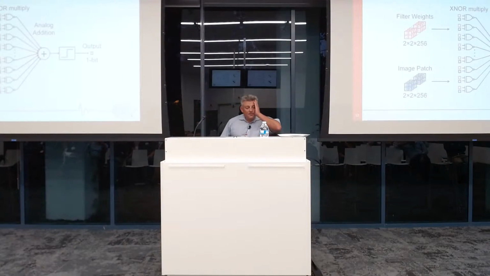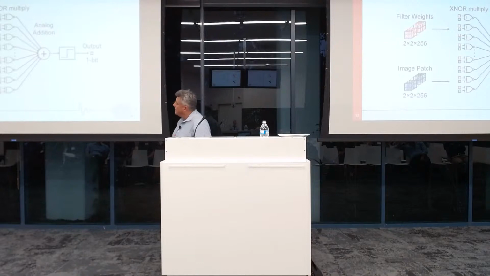Basically, these 2 by 2 by 256 filters must get multiplied and summed up against the input image patches. This is essentially the atomic operation that has to happen on this chip. You have 1024 bits that want to be multiplied by another 1024 bits.